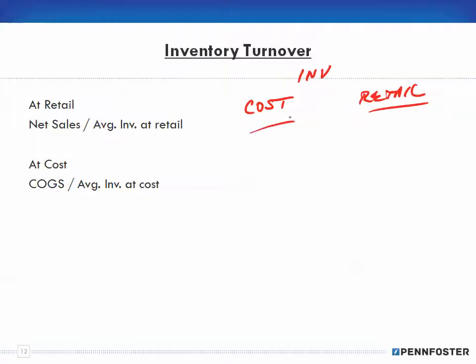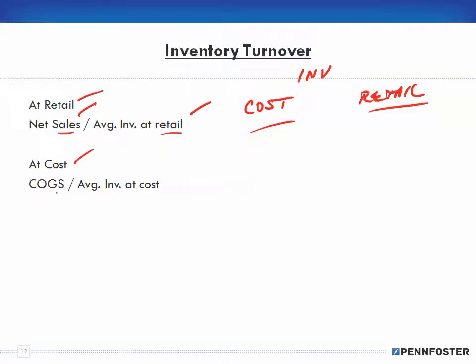So when you're looking at inventory turnover, you have two ways of looking at it. You have your net sales, and you divide it by your average inventory at retail. You're talking about net sales at retail and your average inventory at retail. So you're comparing retail to retail.